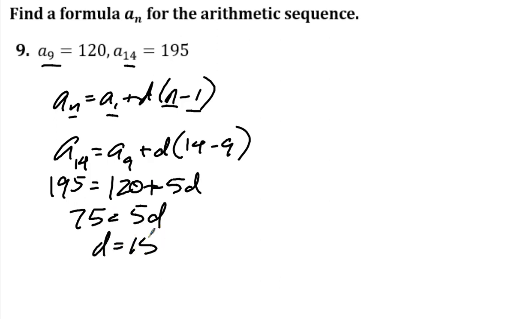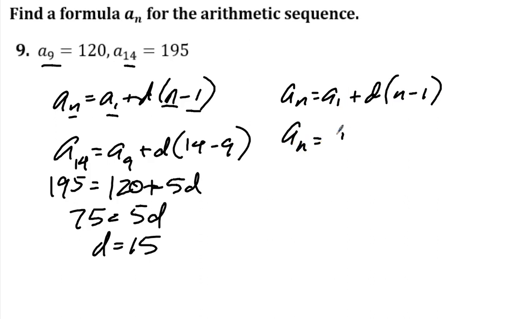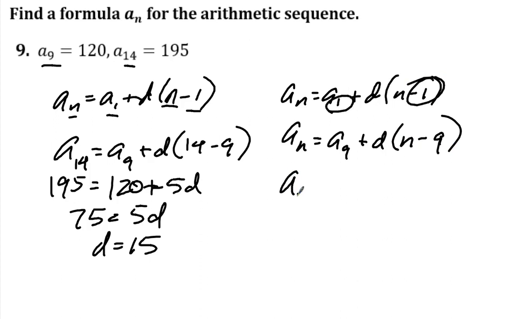So d equals 15. Then we're trying to come up with the nth term, so once again, a sub n equals a sub 1 plus d times n minus 1. But it's going to be a sub n equals a sub 9 plus d times n minus 9, because this is not arbitrary, it matches up with that one. So a sub n equals 120.